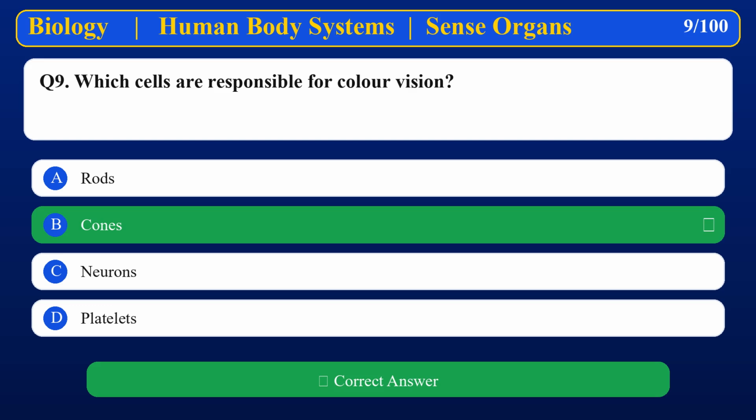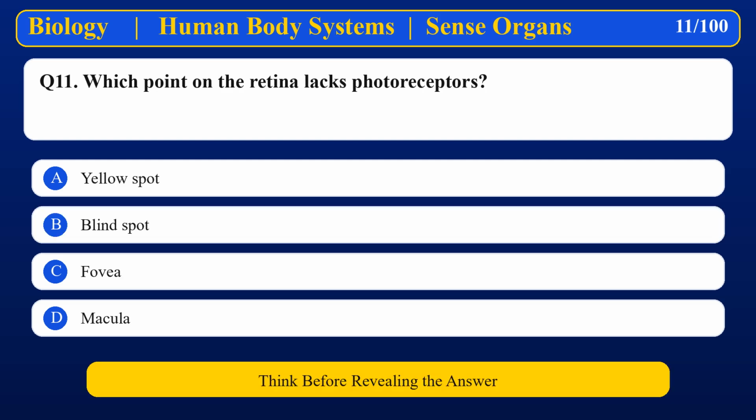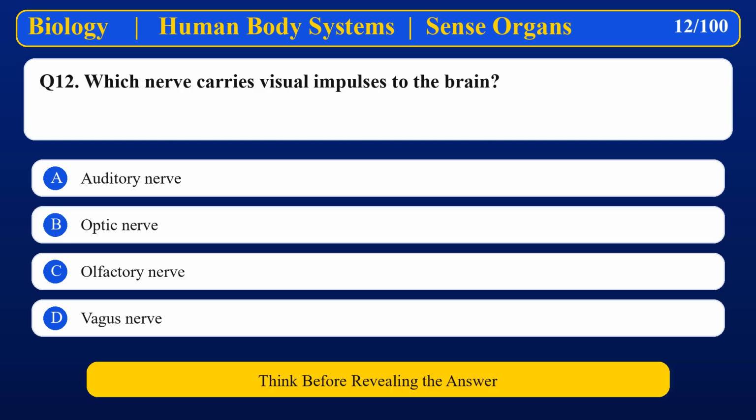Cones. Which part of the retina has the sharpest vision? Yellow spot. Which point on the retina lacks photoreceptors? Blind spot. Which nerve carries visual impulses to the brain?